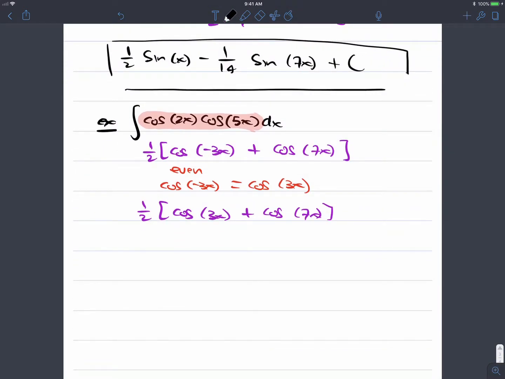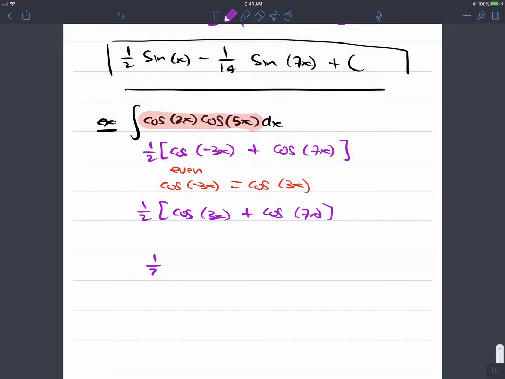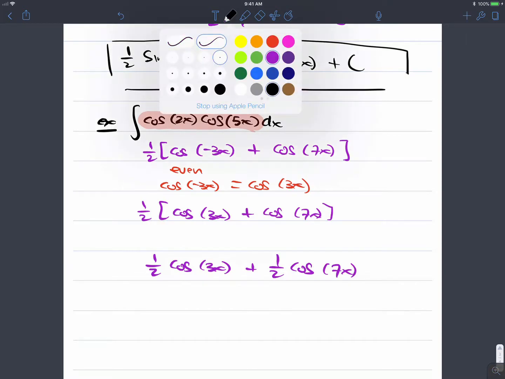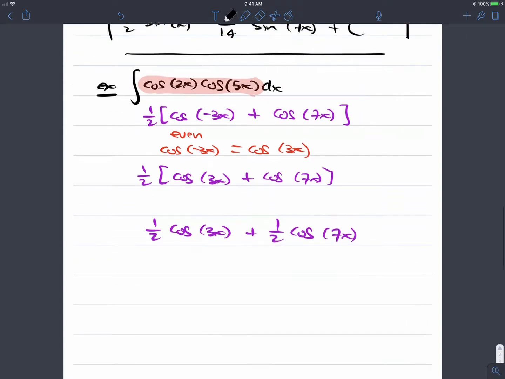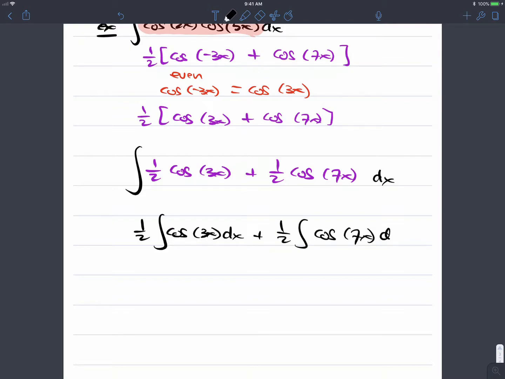This is what we're going to have to integrate, but let's actually distribute first. I get 1/2 cosine of 3x plus 1/2 cosine of 7x. So when I integrate this sum, we're going to use properties. 1/2 the integral cosine 3x dx plus 1/2 the integral cosine 7x dx.